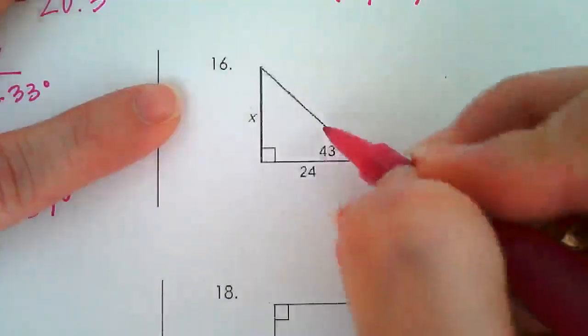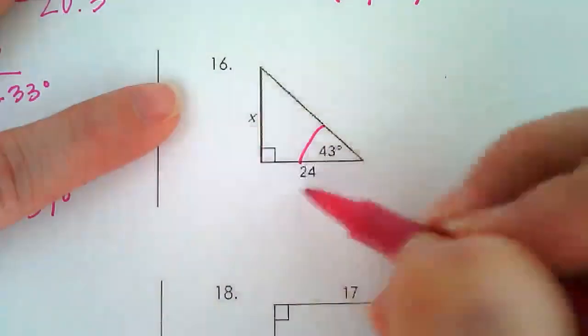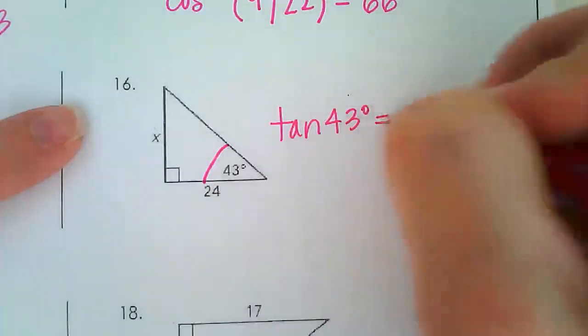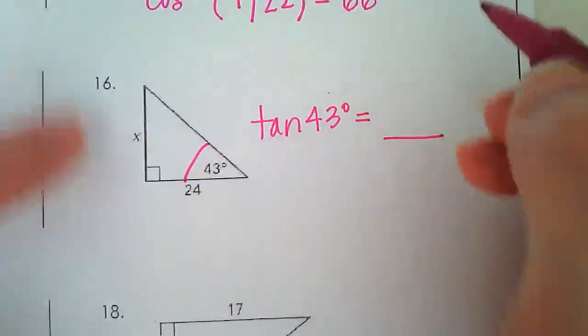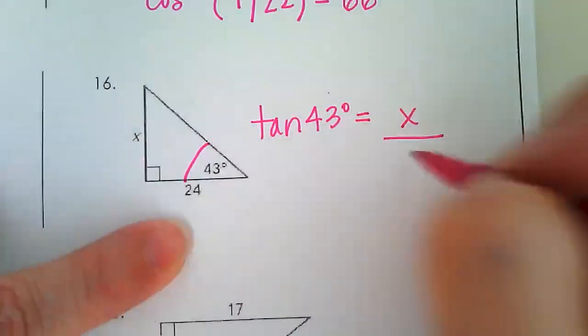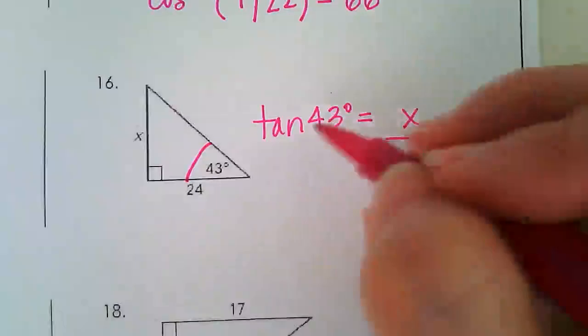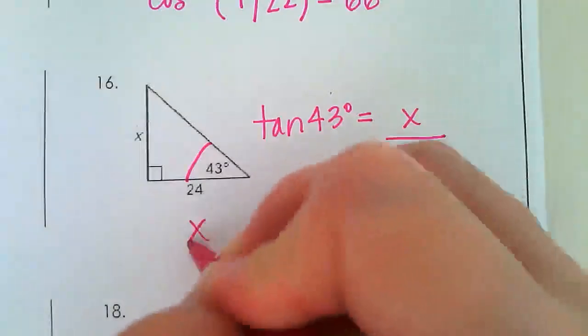All right, next up, I know the angle measurement and it looks like tangent because I don't know the hypotenuse. So the tangent of 43 degrees is going to be opposite over adjacent. To figure this out, I need to multiply these two together.